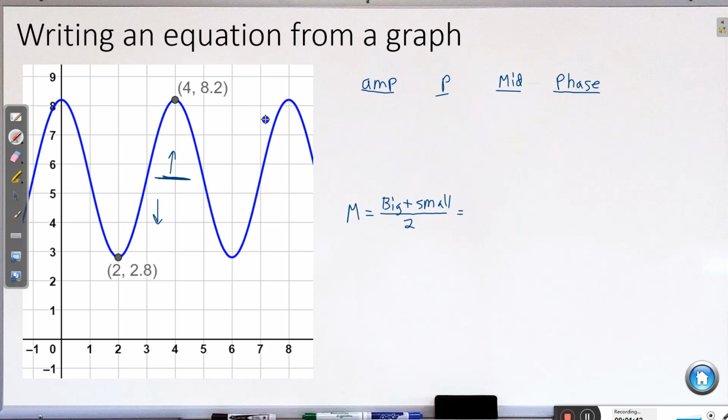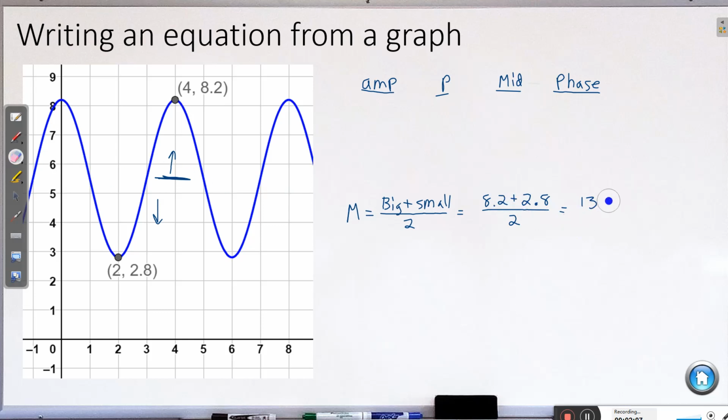So for our midline, the biggest is 8.2, the smallest is 2.8, and then we are going to divide by 2. When you add those you get 11 actually.